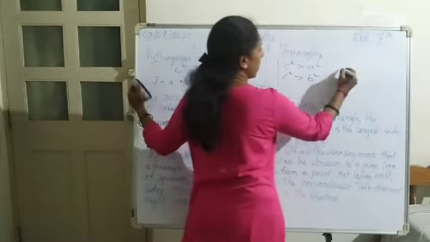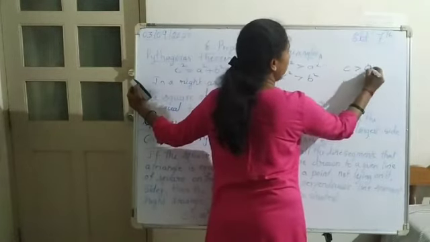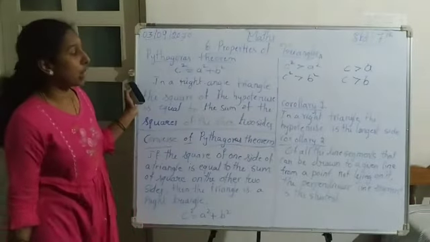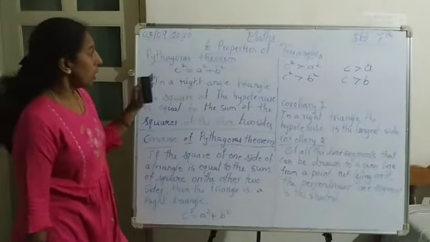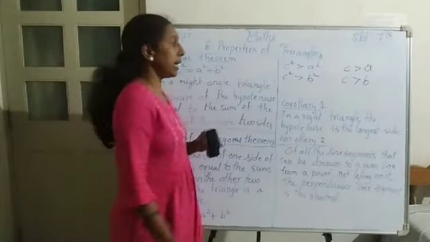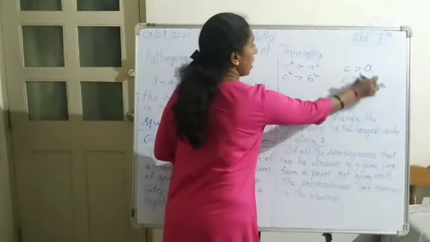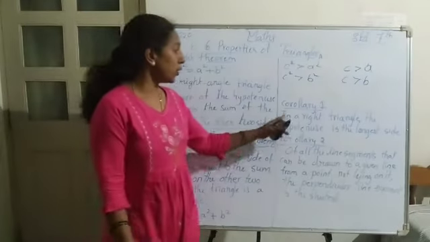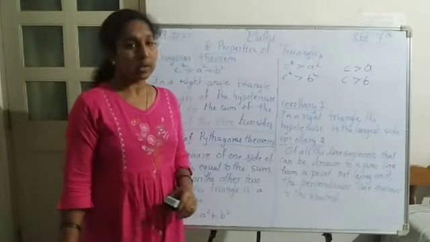What does it imply? That c is greater than a and c is greater than b. So we can easily say that the hypotenuse is the longest side. This is corollary 1 of the Pythagoras theorem.